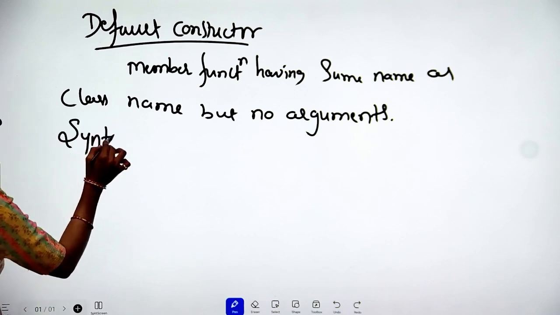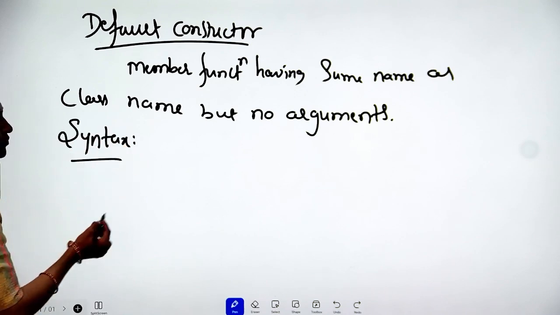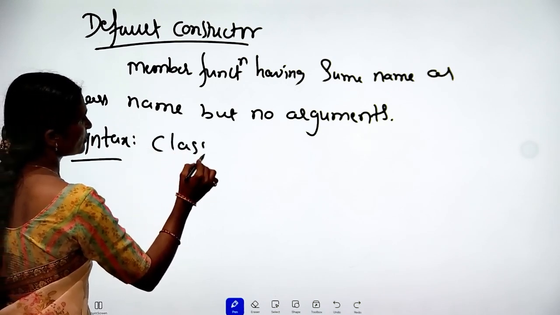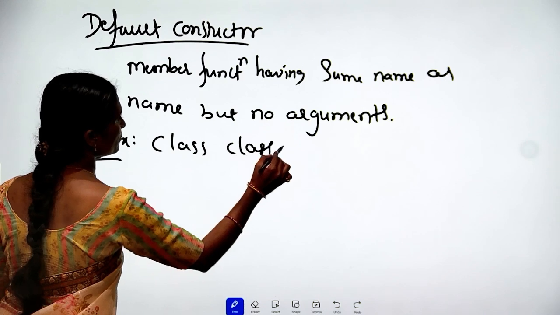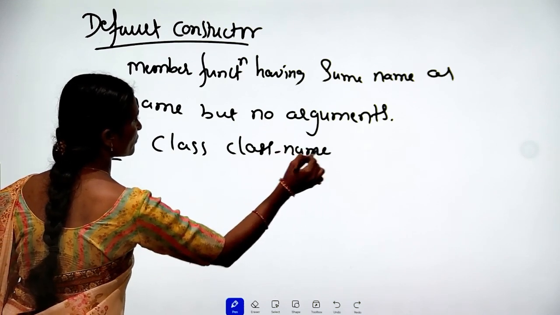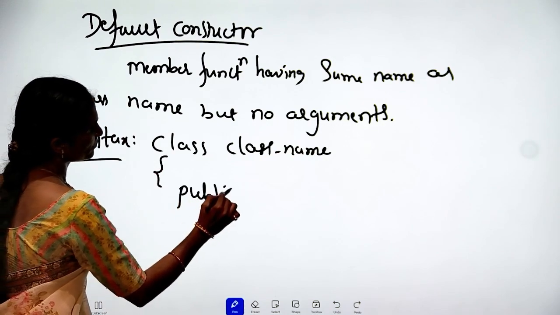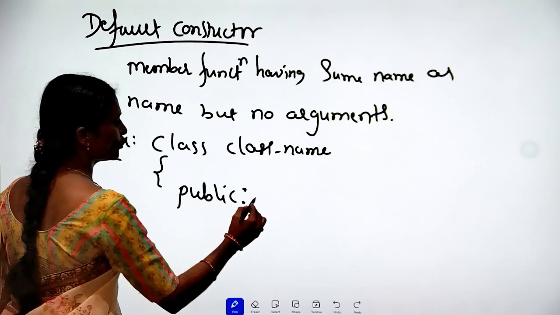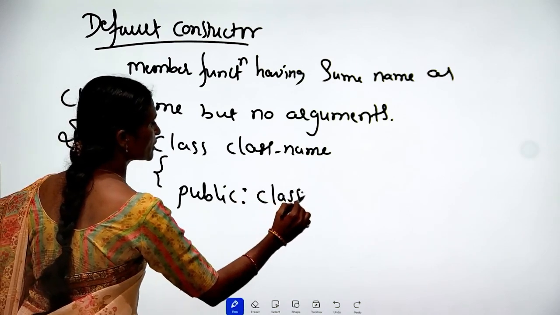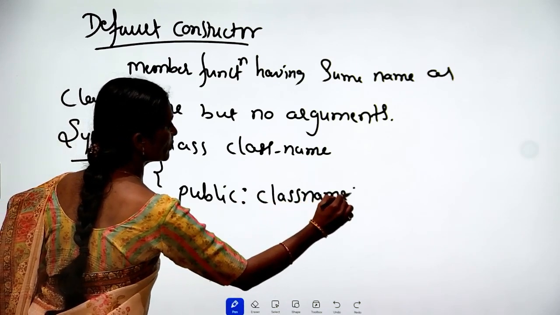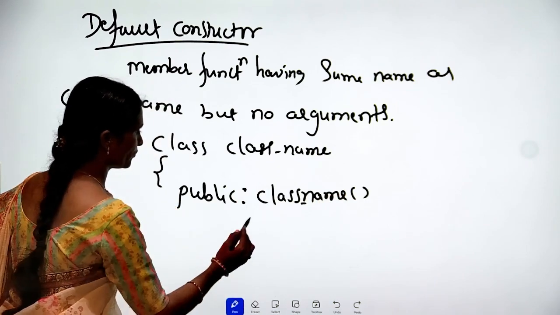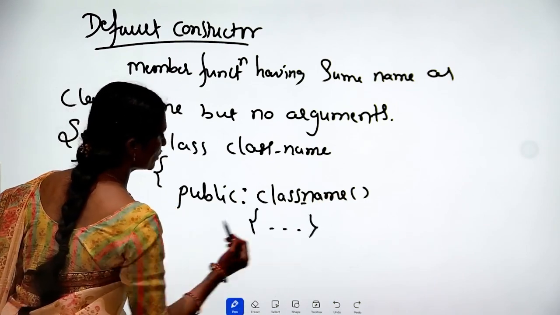How we are going to declare that syntax: class, class name. The constructor is the method with the same name as the class name itself. Then the body is this.